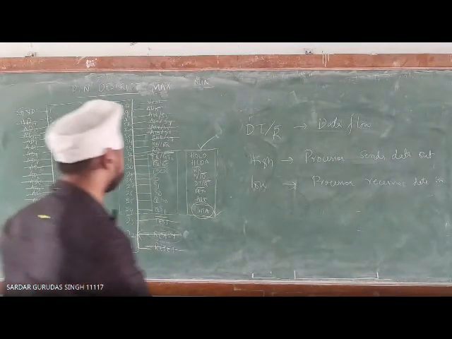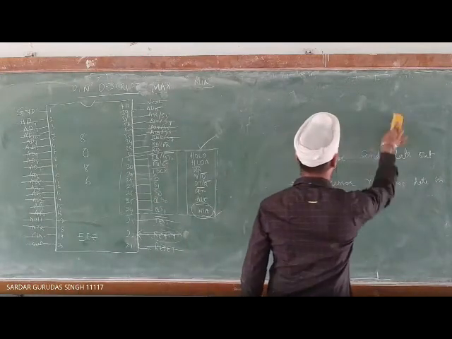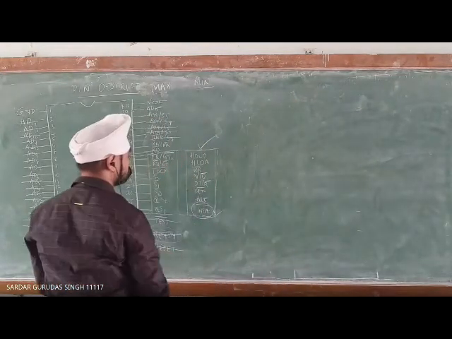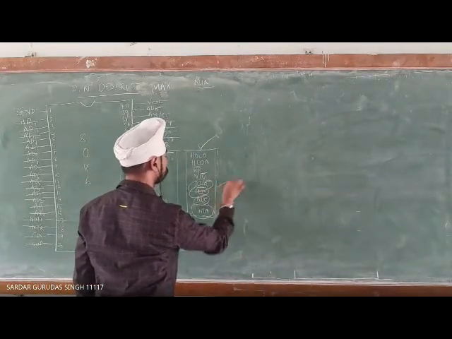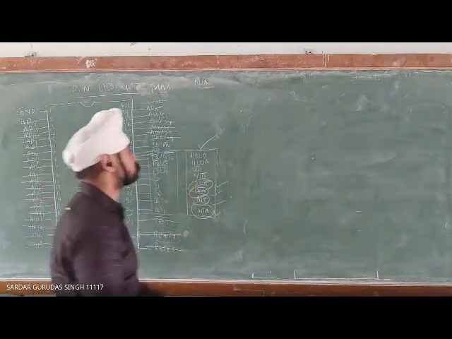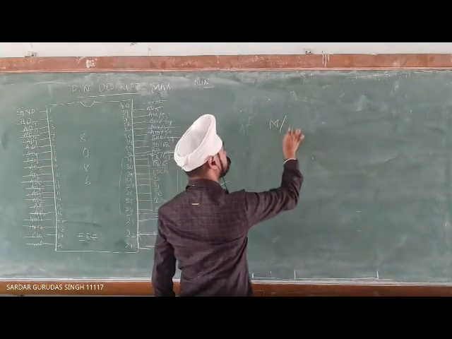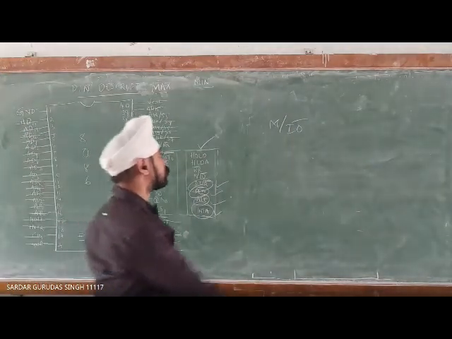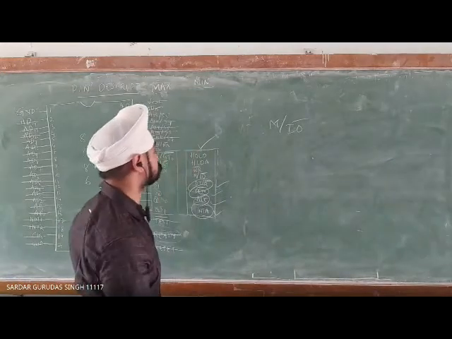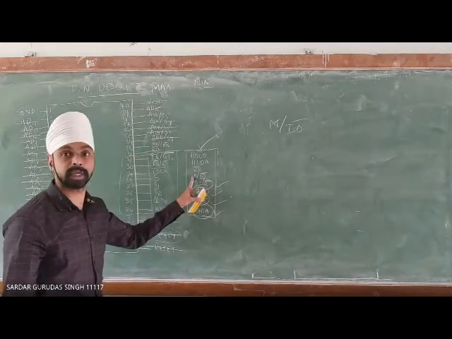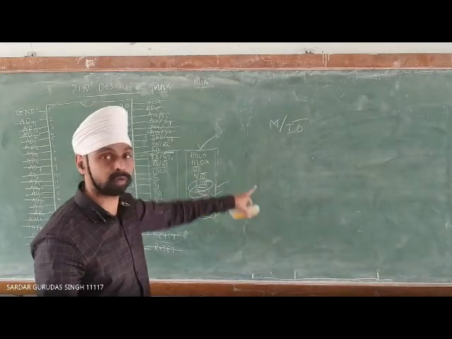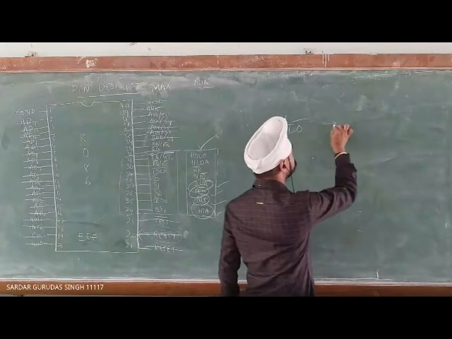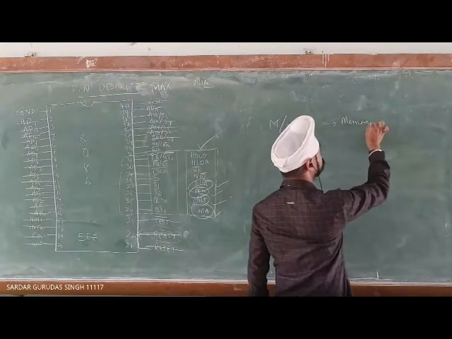The next one is this one over. Next one is M by IO bar, memory or IO operation. M stands for memory, IO stands for input-output operation. Whether your processor is performing a memory operation or an IO operation, that is indicated by this pin.